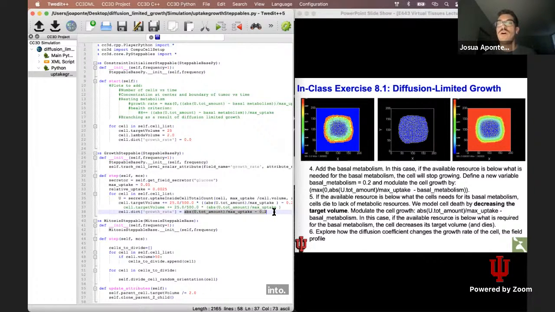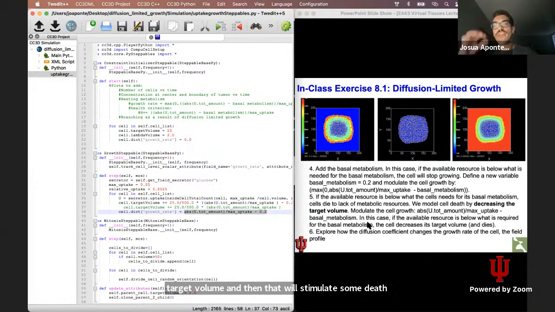But if the uptake is below a critical threshold, then we get a decrease in target volume, and that would simulate cell death. And we can think of more complicated models of cell death. This is just a zeroth order approximation, right?